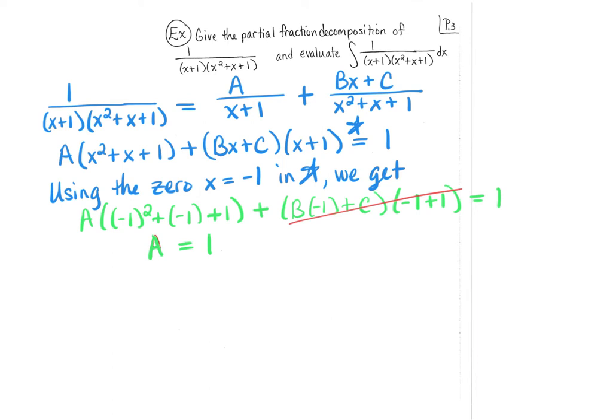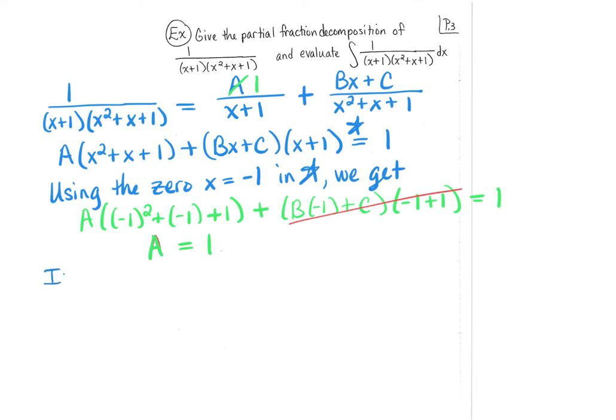Okay, so we can go ahead and write 1 there if we wanted to, just to keep track. Okay, so now let's find b and c. We're going to substitute a equals 1 in star.